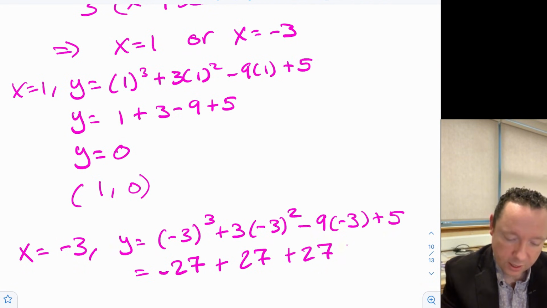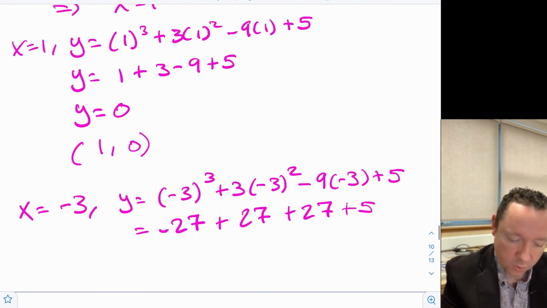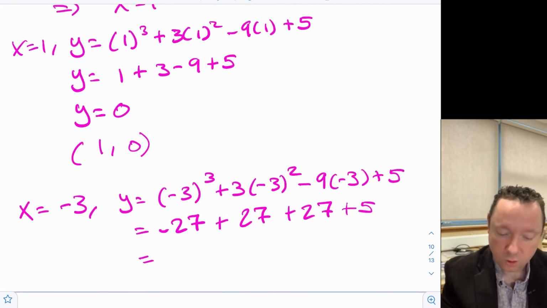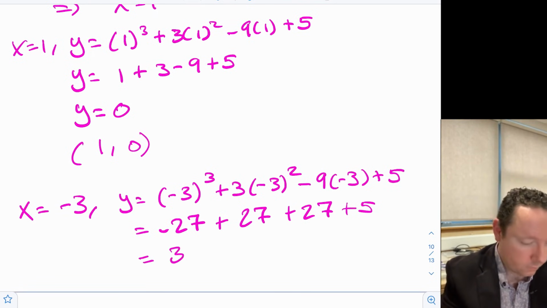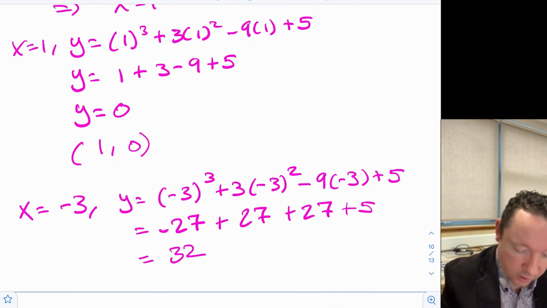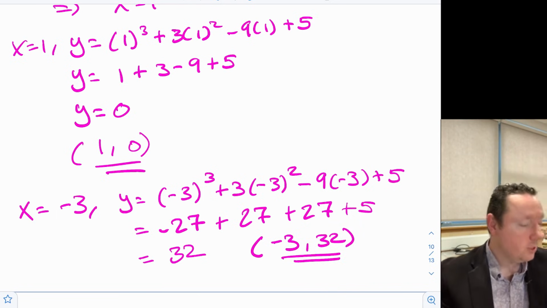And then you've got plus 5. Minus 27 plus 27 is obviously 0. So then you've got 27 plus 5, 32. So your second stationary point is (minus 3, 32). So there's my two stationary points.